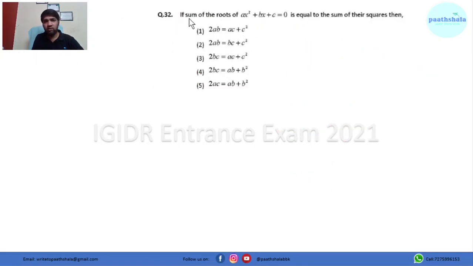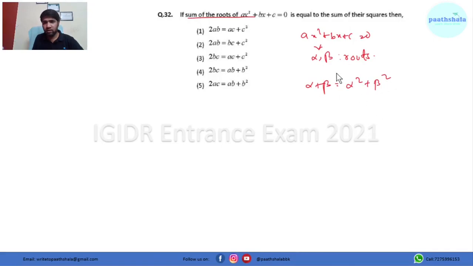It is saying find the sum of the roots of this equation. The equation is ax square plus bx plus c. It is given that the sum of the roots is equal to the sum of their squares. Let's say the roots are alpha and beta. So alpha plus beta equals alpha square plus beta square.